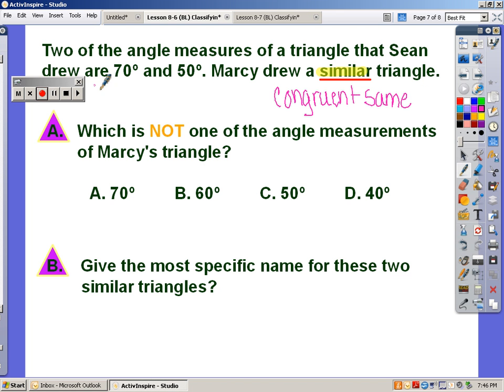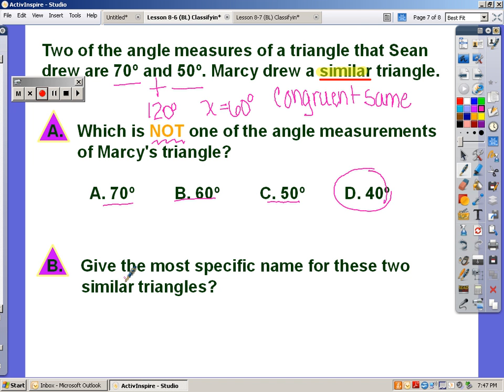If I have a 70 and a 50, and I add those together, that gives me 120. So that missing angle must be 60, because all angles in a triangle add up to 180. If similar has to be congruent, I could have 50, I could have 60, I could have 70. Which one is not? It has to be D.